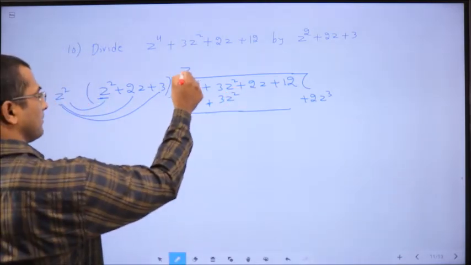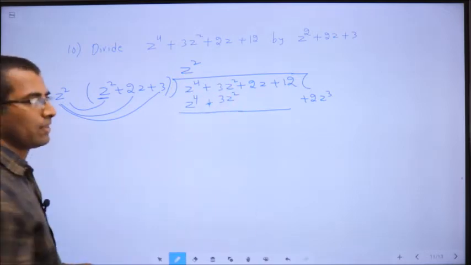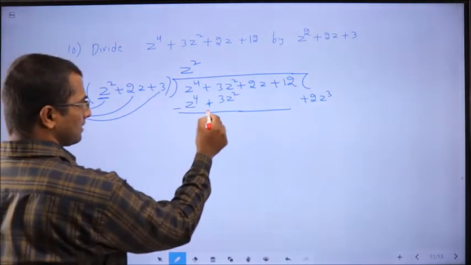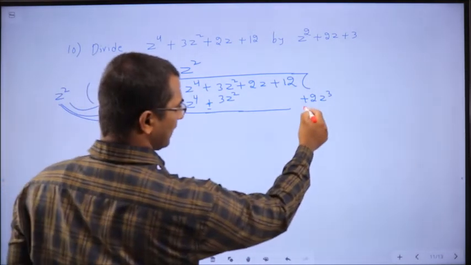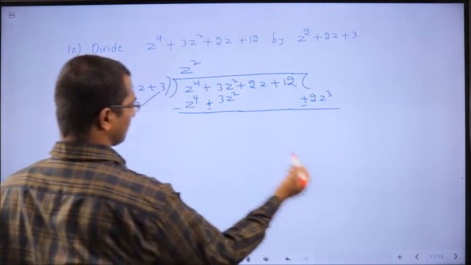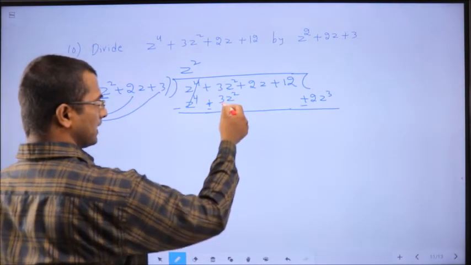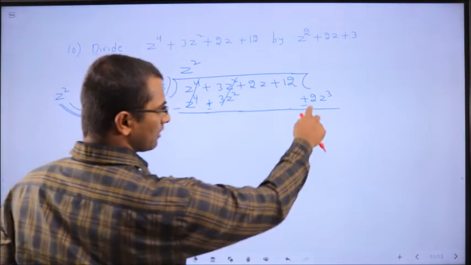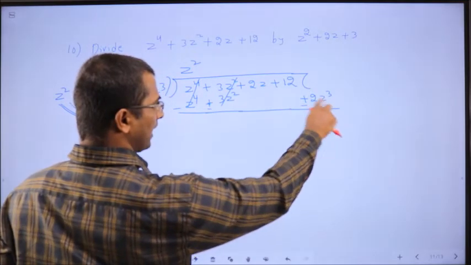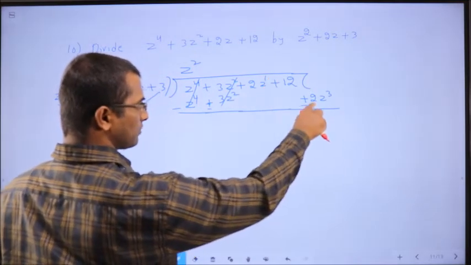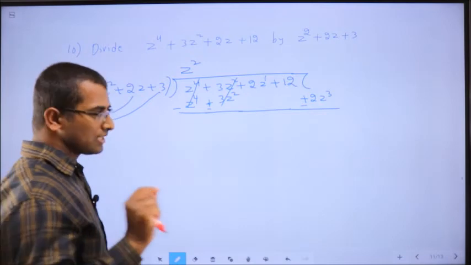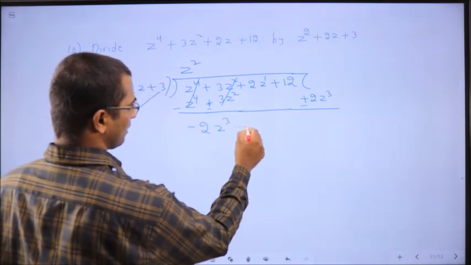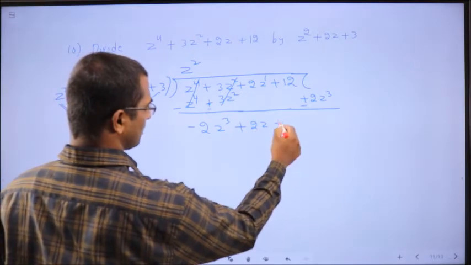So first term of the quotient is z square. Okay. Now change the sign. Minus, minus, and here also make it into minus. This cancel out. Here plus 3z square minus 3z square cancel out. Z cube is the highest over here, z power 1 z cube, so you should write z cube first. So that will be minus 2z cube plus 2z plus 12.